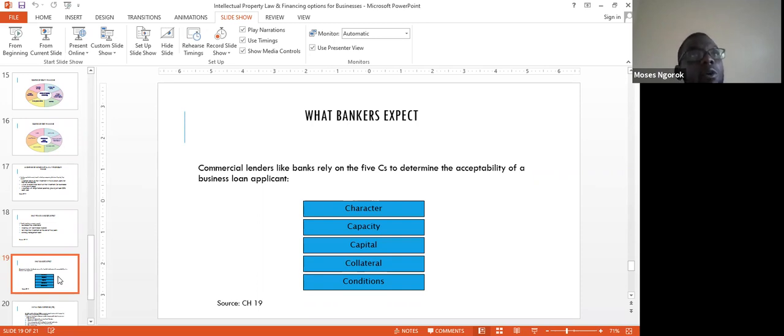So we have what we call a credit reference bureau. It's a department set up under the law to list or grade debtors. Basically, if you fail to pay a loan, your name goes there, showing that you've not paid that loan.